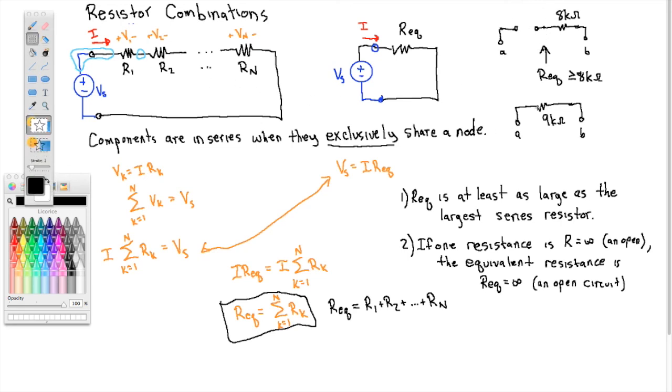It's infinity. So the equivalent resistance now, it's as if the 8 kilo ohms is not even doing anything. It's not even there, because this is the equivalent resistance, infinity. Alright, let me clear this.